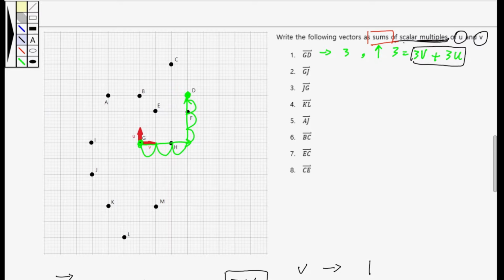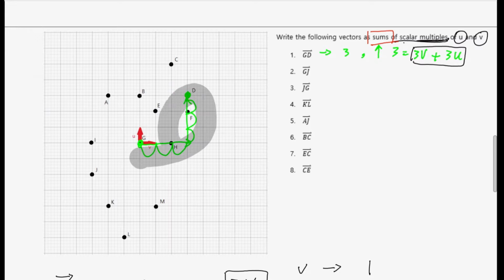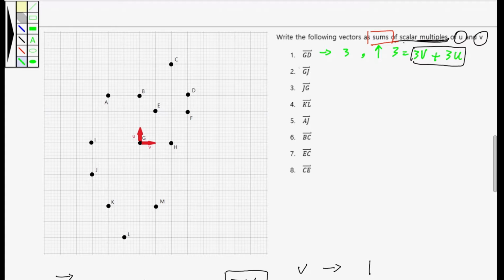So we can keep going. Vector GJ. So down. This is the opposite direction of u, and magnitude is 2, and the opposite direction of vector v, and also magnitude is 3.